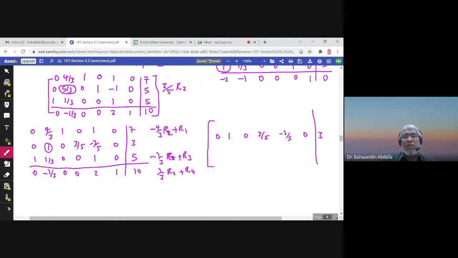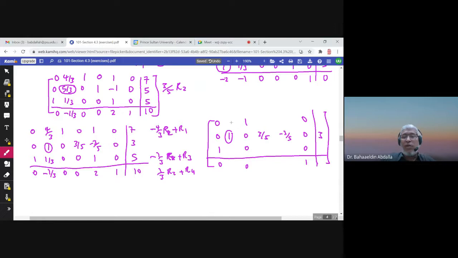Notice that this is 0, so all the numbers will not change in the same column. This is also 0. This is the pivot entry. This is also 0. Good. Let us finish the first row.